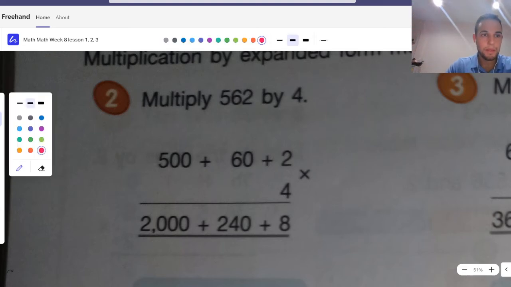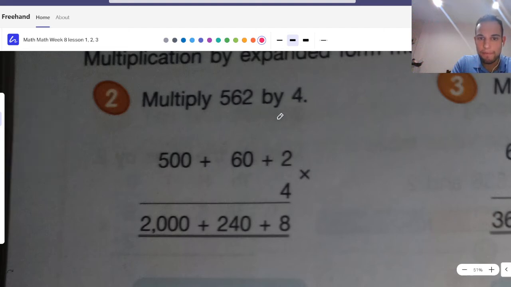Well, we have multiply 562 by 4. So we put the 500 here, the 6 here, and the 2 here. We multiply by 4. 4 times 2 is 8. 4 times 60 is 240. And 4 times 500 is 2,000.